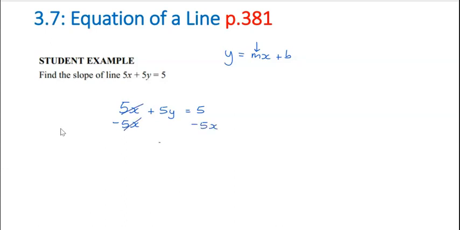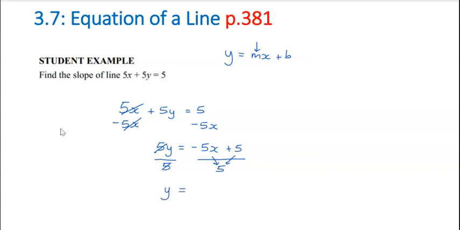canceling, leaving us with 5y is equal to, and I'm going to start to build it in the correct format, -5x plus 5, but I'm not done yet because I haven't isolated y. I need to divide by 5 on both sides of the equation. And remember, when you divide by 5, you need to divide both terms by 5.